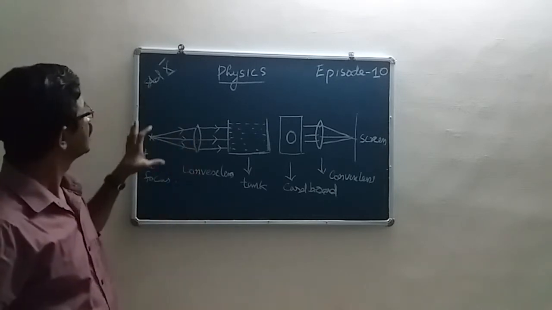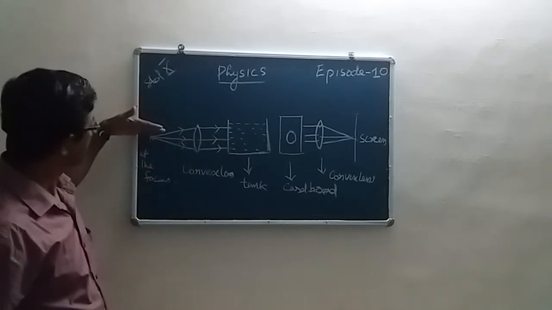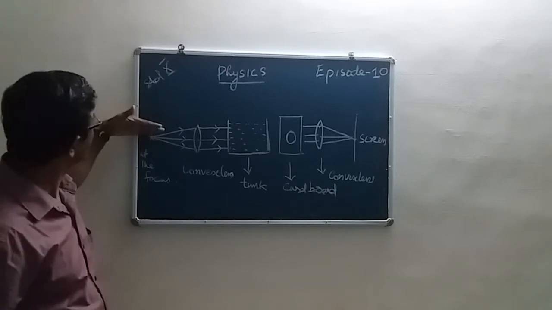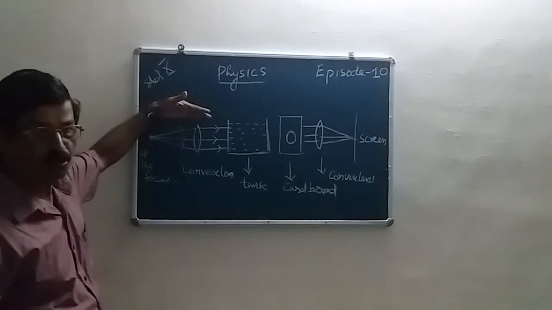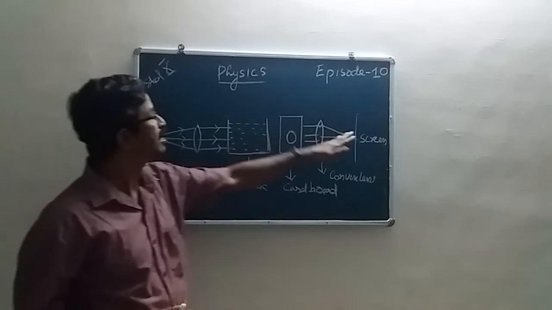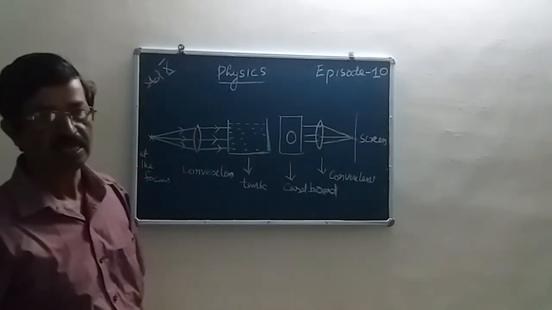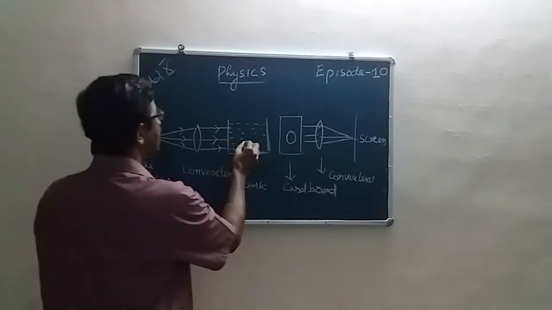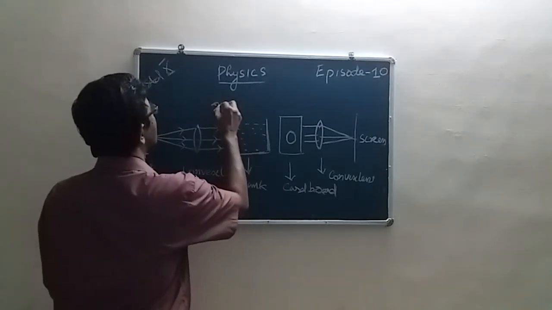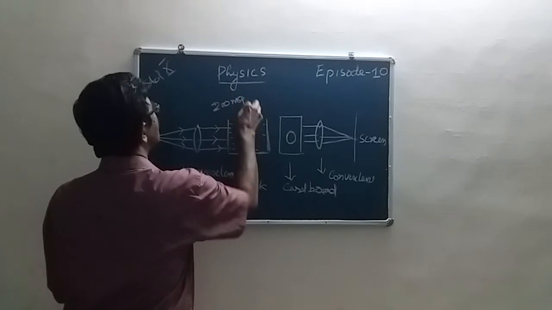Now place this light source at the focus of the first convex lens, then we get a bright spot of this light on the screen.